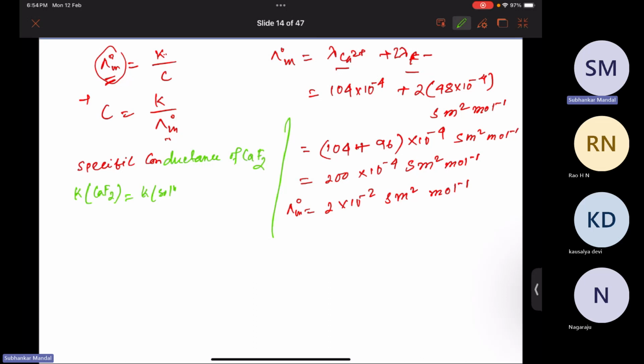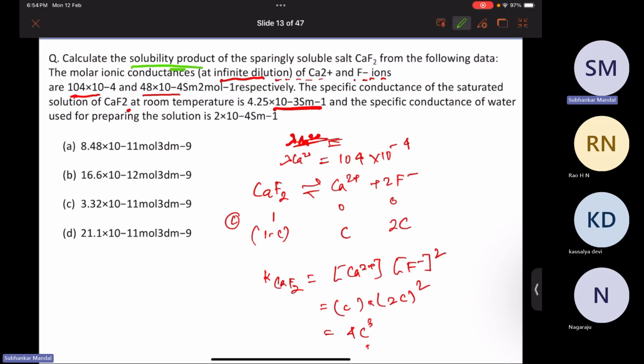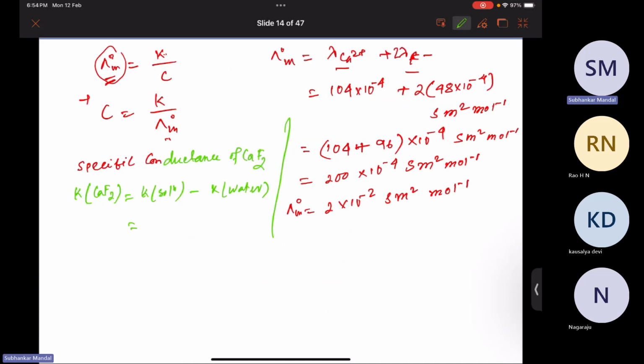If you subtract that value, then you get the conductivity of the soluble electrolyte. So K of solution minus K of water. The solution conductance is 4.25 into 10 to the power minus 3 Siemens meter inverse, and for water it is given 2 into 10 to the power minus 4 Siemens meter inverse.